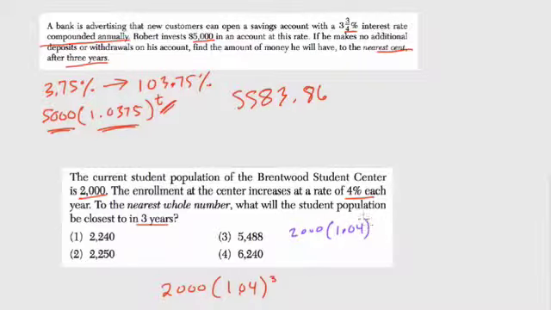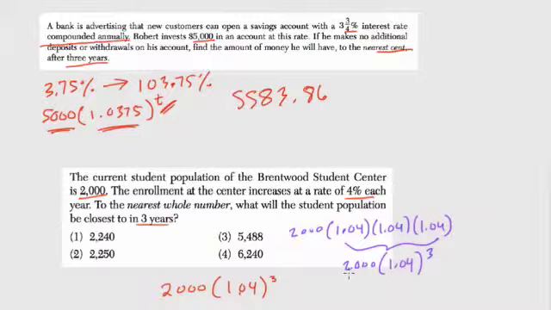The second year, we multiply that by 1.04 again, and the third year we do it again. We just keep compounding. In general, it's 2,000 times 1.04 to the number of compound periods that pass, here 3 years.